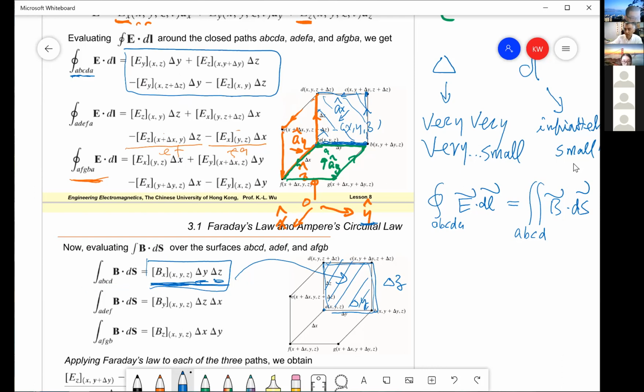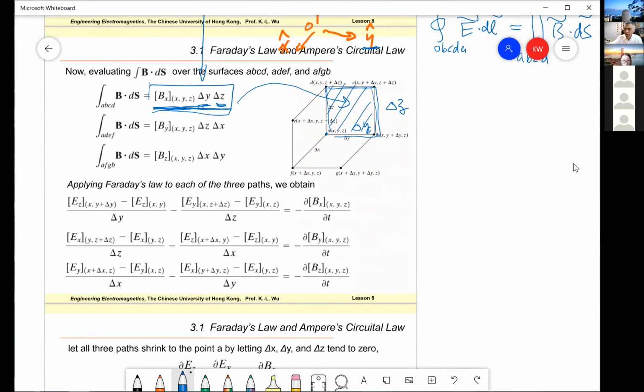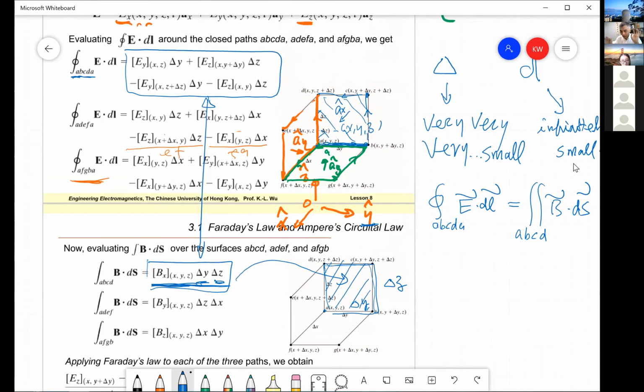Let me clear this up. So these two are equal. Why do I say they are equal? I divide delta y times delta z on both sides. When I divide, this is cancelled.